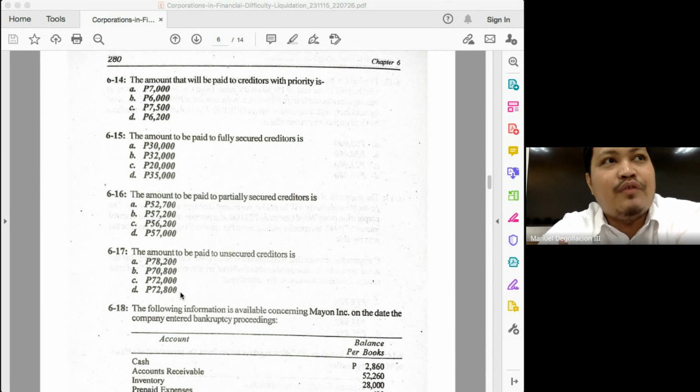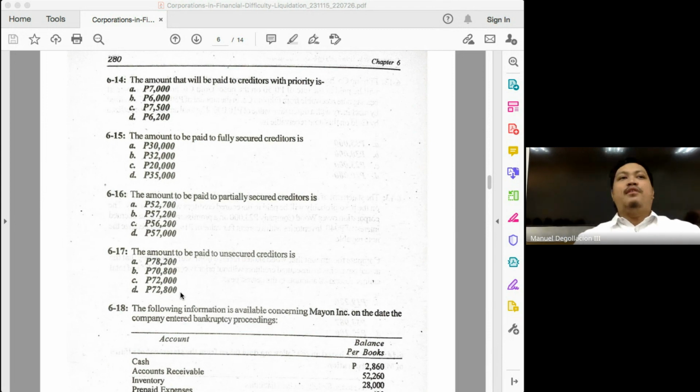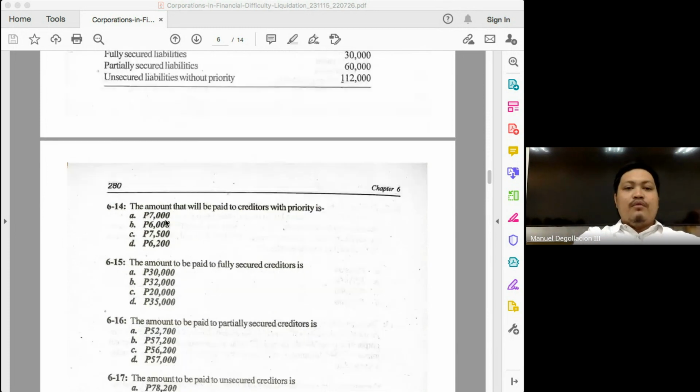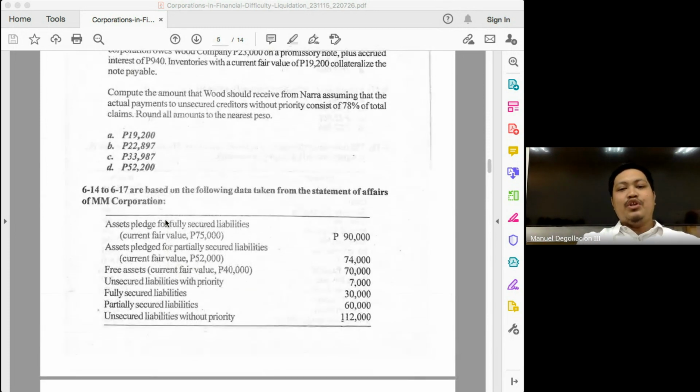Okay, but we know that for these 2 questions, one thing is crucial, and that is the computation of your recovery rate. So let's solve for our recovery rate first. Where do we begin in our numerator? We begin with our free assets. And what are the 2 things I want you to remember for your numerator to get your net free assets?